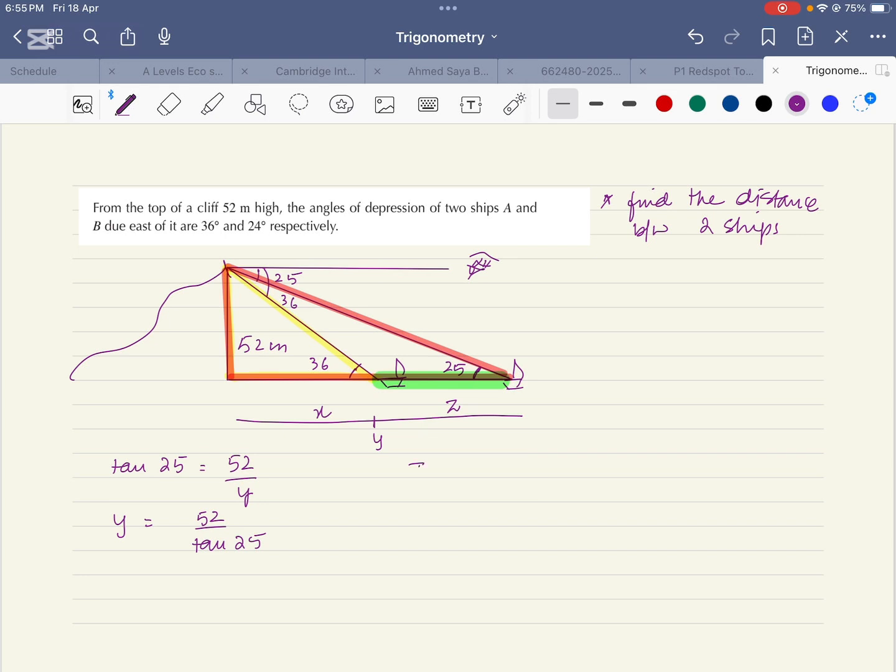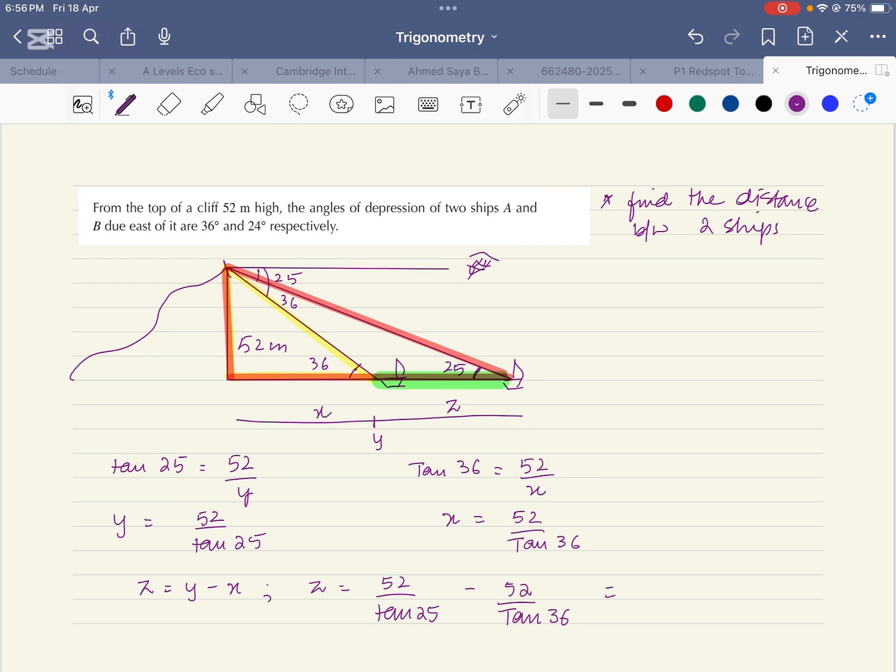Tan 36 is equals to 52 upon X, or X is equals to 52 upon tan 36. I can straight away write Z is equals to Y minus X. Z is equals to 52 upon tan 25 minus 52 upon tan 36.